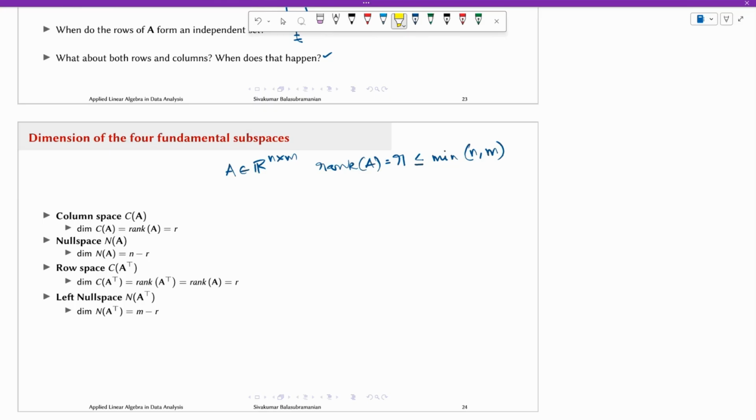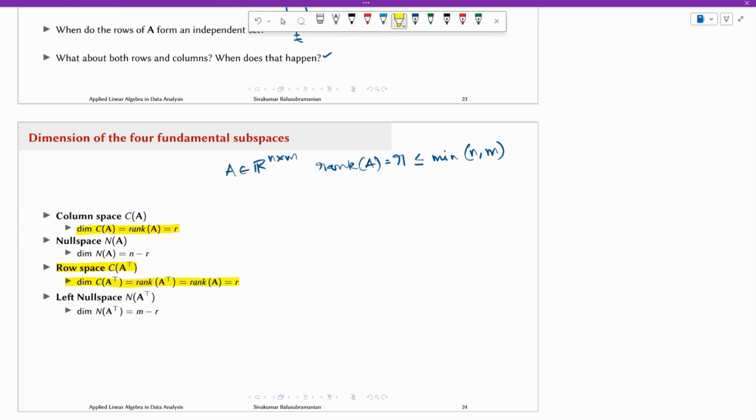If we have a matrix like this, then the dimension of the column space is essentially equal to the rank of the matrix. And similarly for the row space, what is the row space? Span of the rows of A. The dimension of the row space is then R as well.